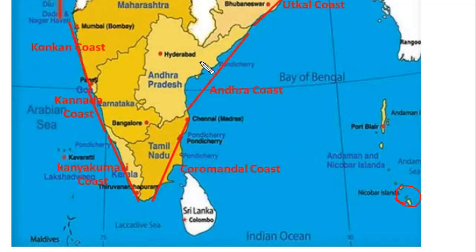Similarly, the eastern coast lies next to the Bay of Bengal, and the plain which lies on the eastern side is wider compared to the western coast. That means the plain on the eastern side would be wider compared to the western Ghats, and the width is around 120 kilometers, whereas the width in the west was around 10 to 20 kilometers. So it's quite larger compared to the western coastal plain.